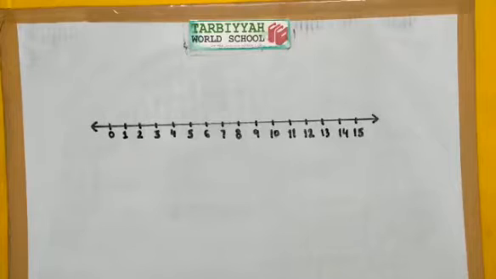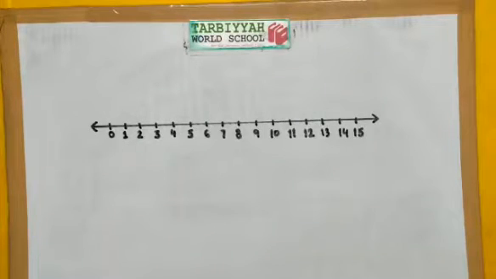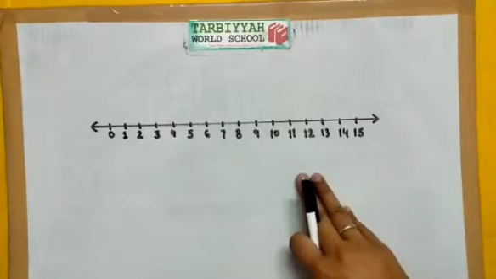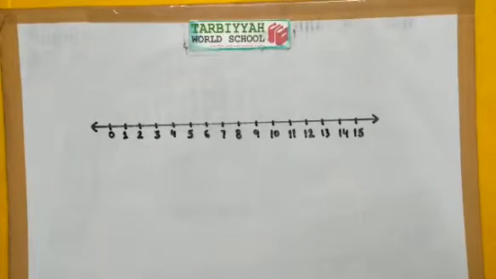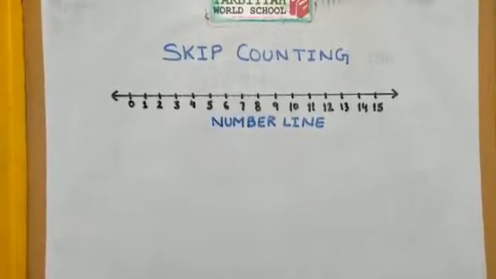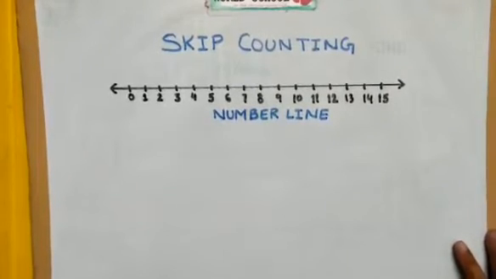Have you ever done skipping with a rope? Yes, in skipping we jump. So this is a number line and we do skip counting. Suppose we have to do skip counting of 1.